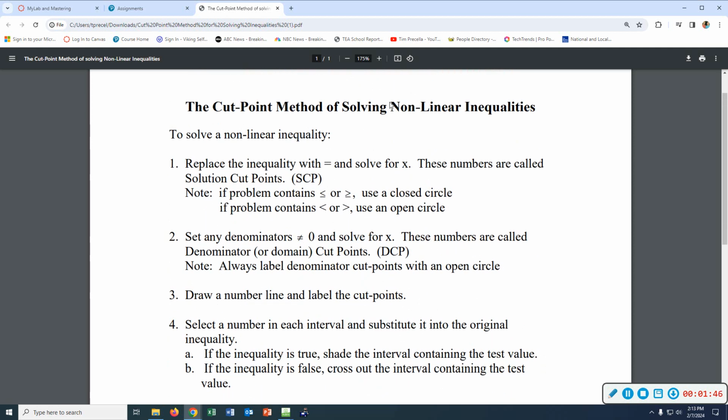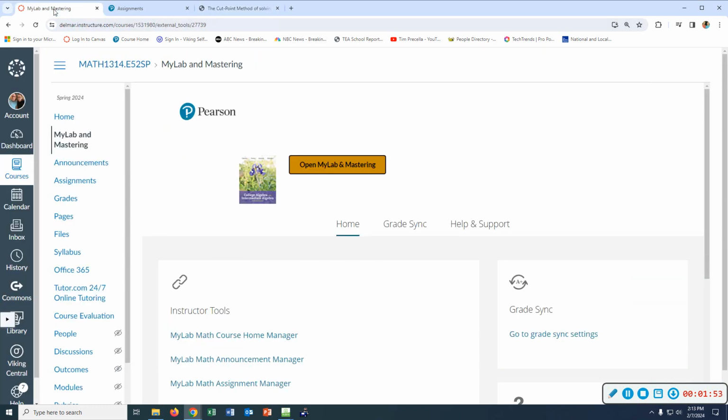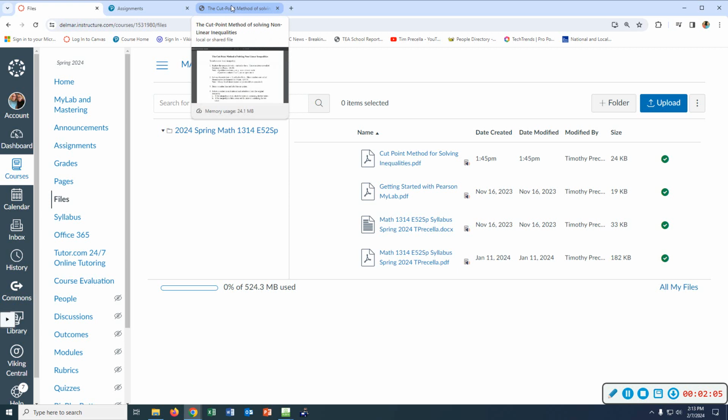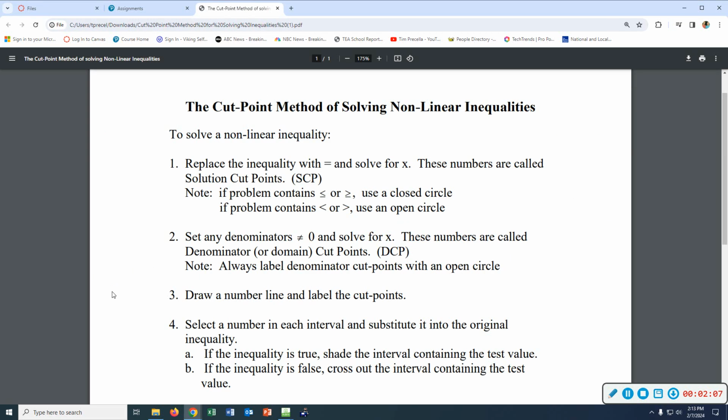If you're just watching this on the video, then this sequence of steps is located under Files for Spring 2024. There it is, cut point method for solving inequalities. So let me pass this out for those of you that are here. I have a paper copy to give you.